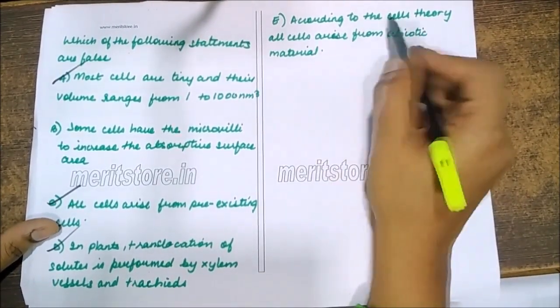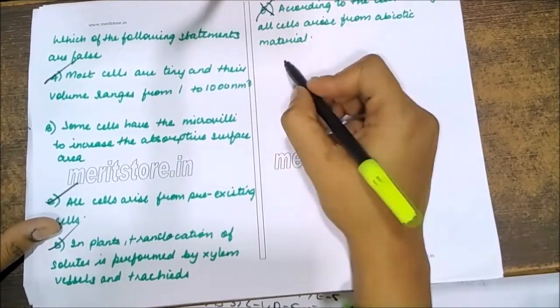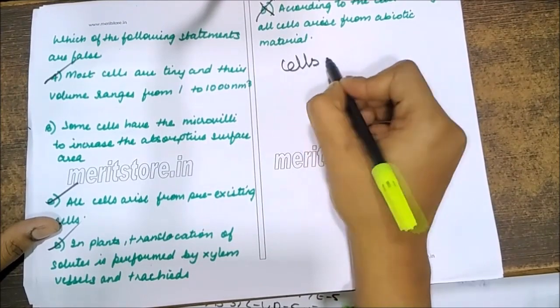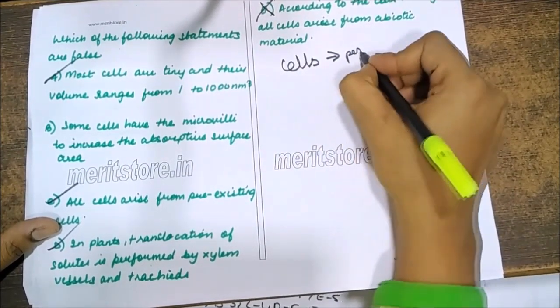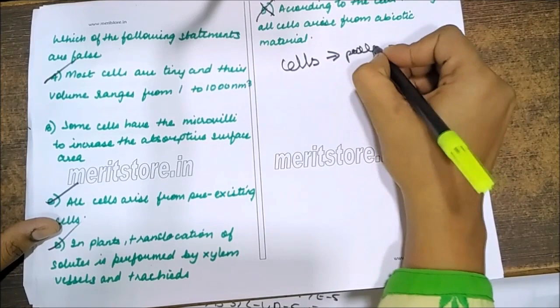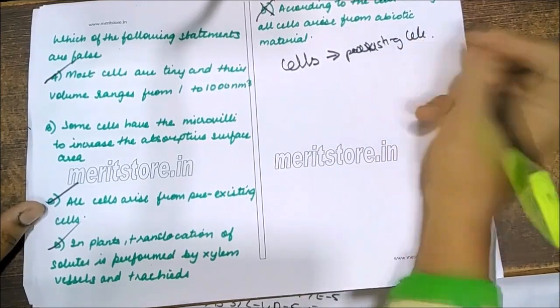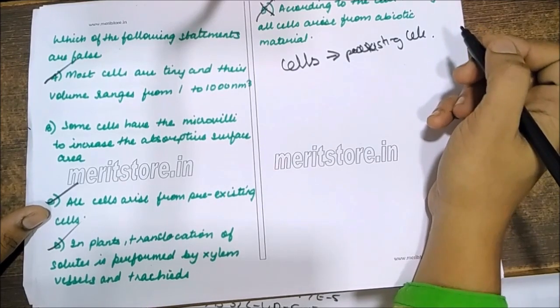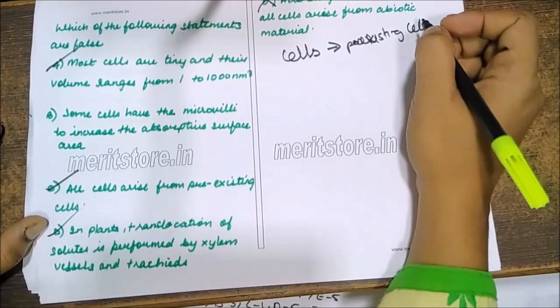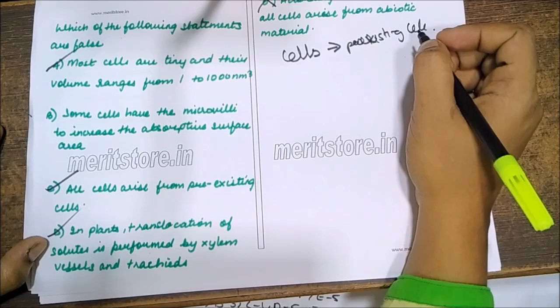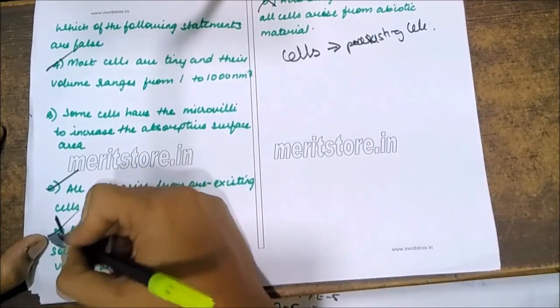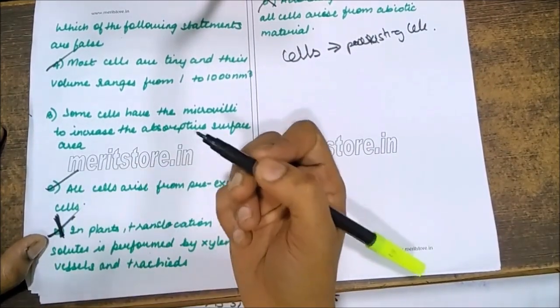No, this statement is completely wrong. Cells arise from pre-existing cell only. Then this statement, the translocation of the solute is performed by xylem and tracheids, is a wrong statement.